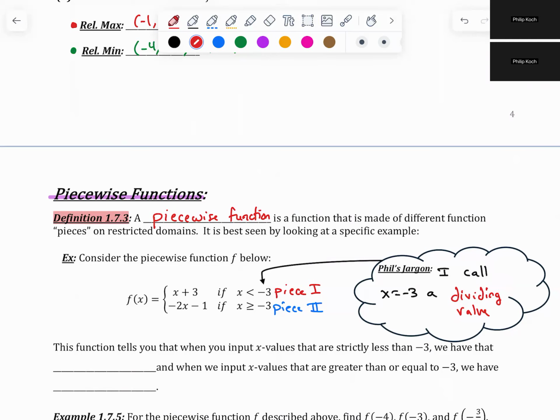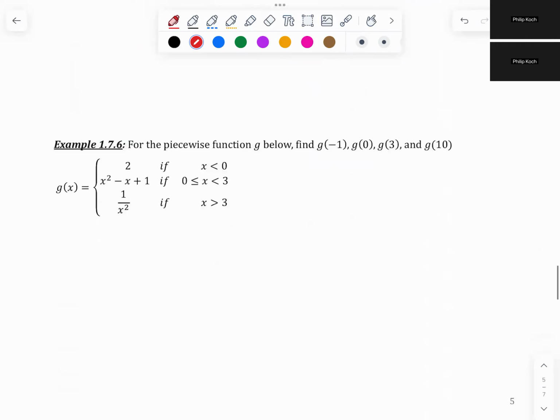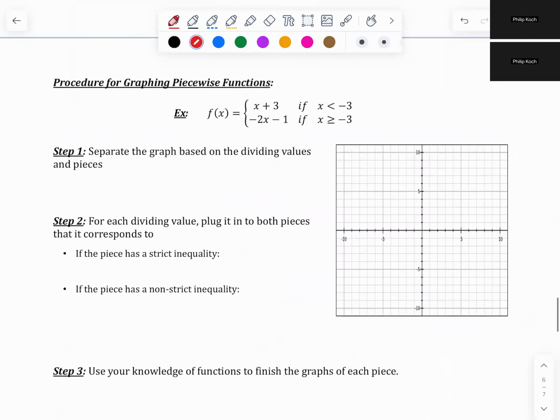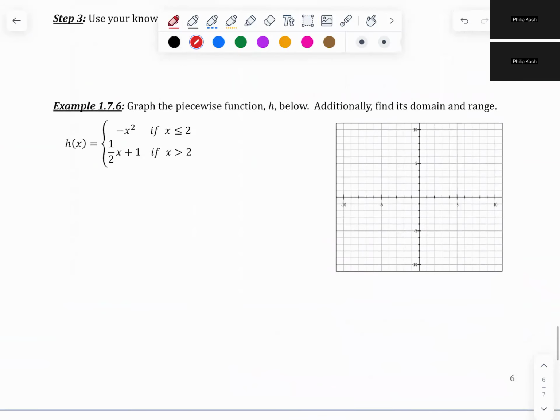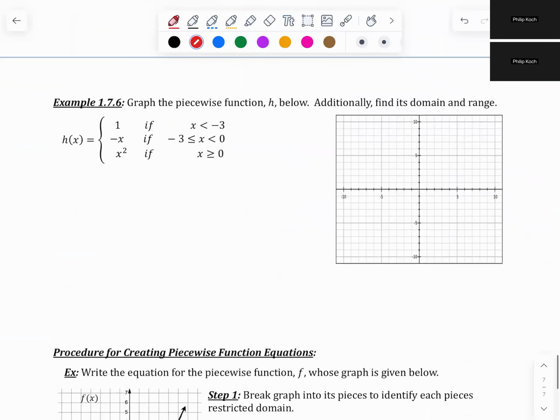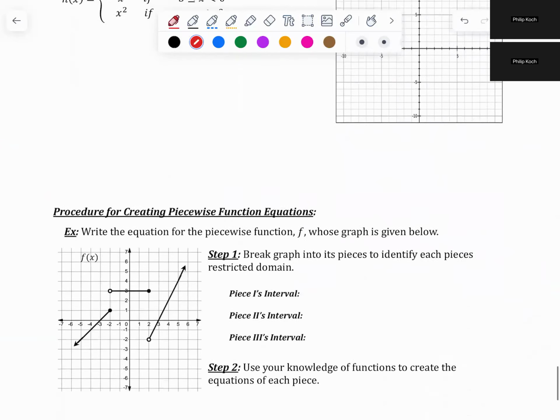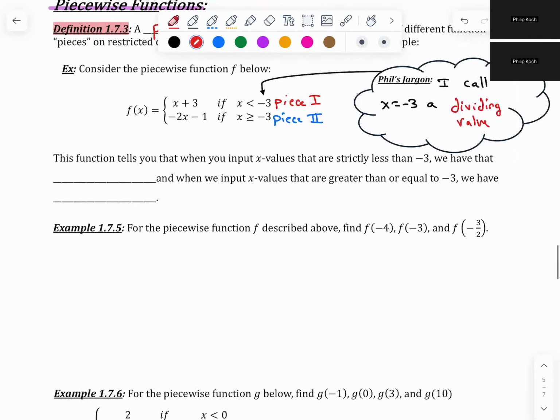So just as a step aside for a second, the function in example 1.7.6 has two dividing values. It has 0 and 3. The next one has one dividing value, x equals -3. This one has one dividing value, x equals 2. This one has two dividing values, -3 and 0. And we'll get to the last one in a second.